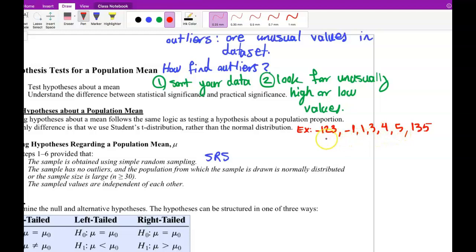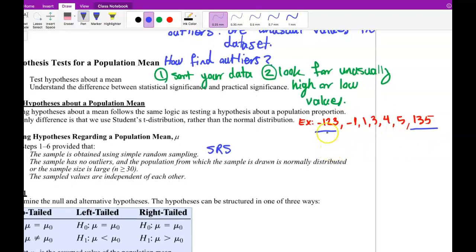But among all these numbers, the ones that are unusually high or low are negative 123 and 135. I can say that these two are outliers because they are unusually high or low compared to all the other numbers. So I can have these as outliers.